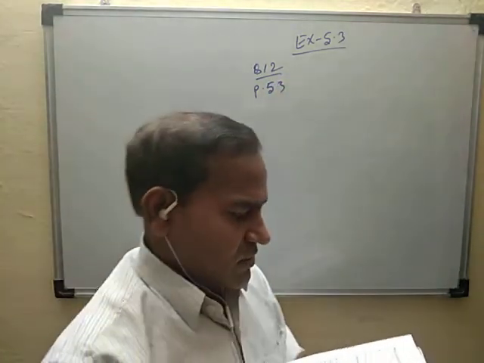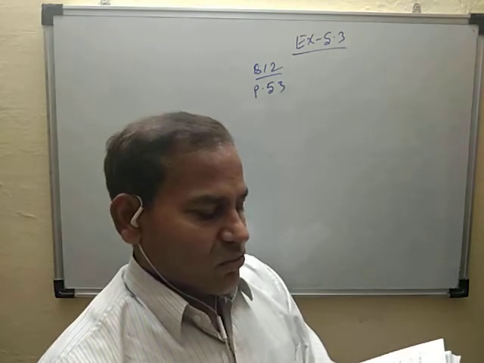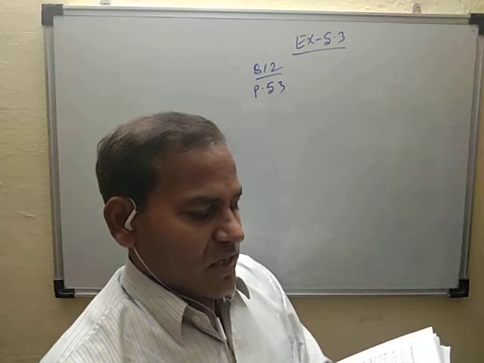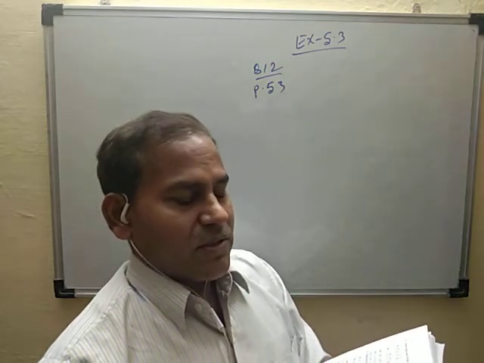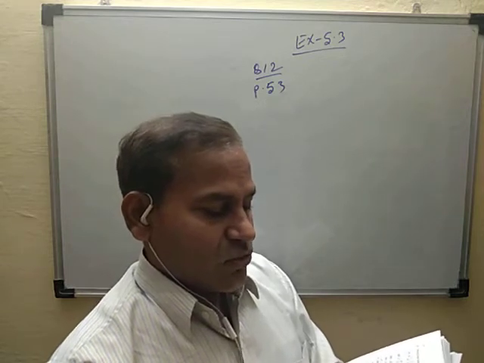The question is: split 207 into 3 parts such that these are in AP.